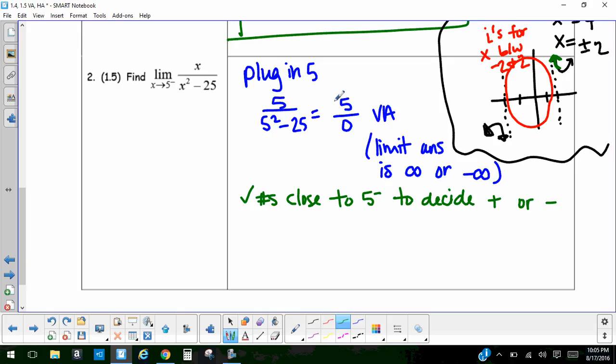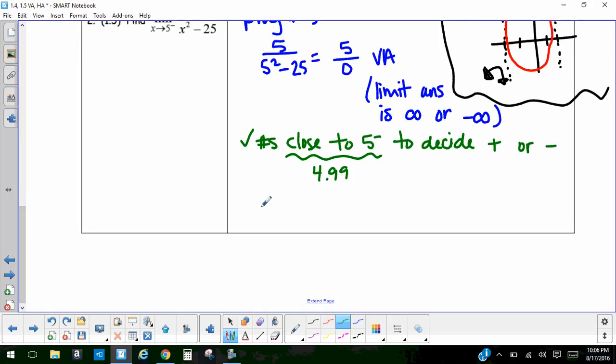But by having a number over 0, I already know it's going to be infinity or negative infinity. So that's why then I can just check like one number that's real close and just decide, is it positive or is it negative. So close to 5 from the left, we're thinking 4.99. Or maybe even 4.999. I mean, it's up to you how far you want to carry it out.